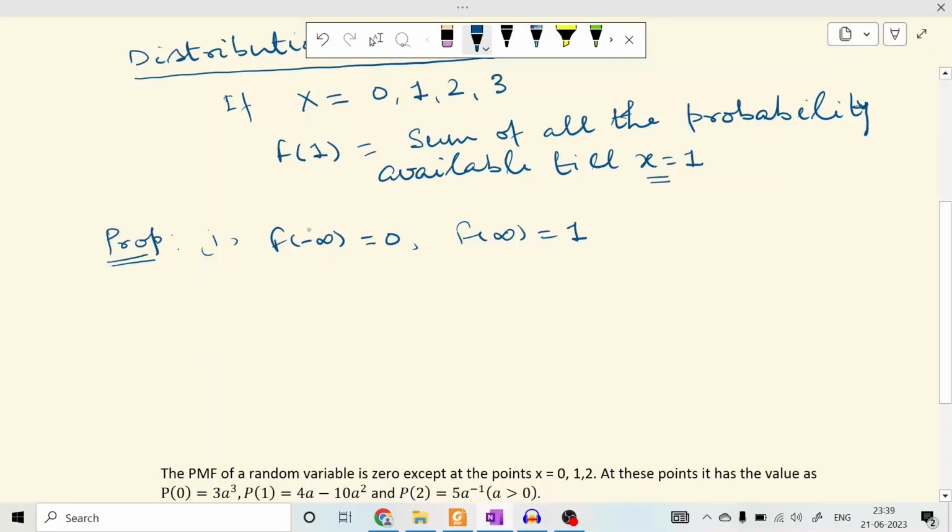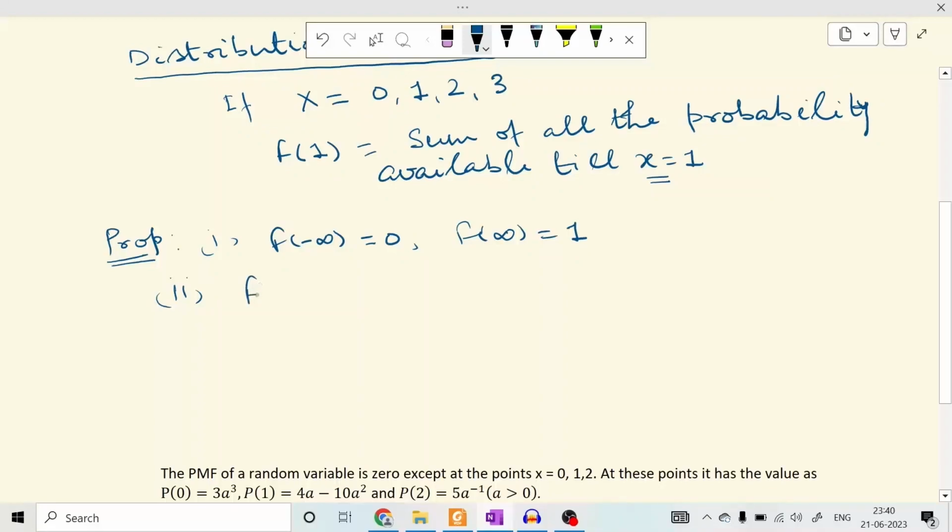That is why this is 0, while at x equals infinity we have completed all the possible values of the random variable, so this provides the value 1.